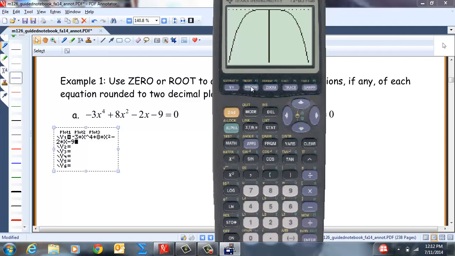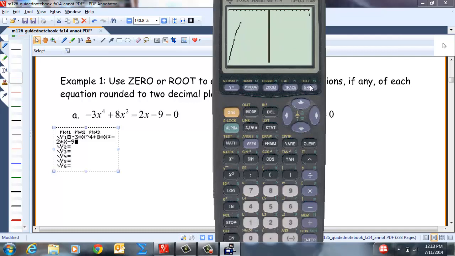Let me see what this window is. So it's still negative 10 to 10, but what it did is it decreased the y values. Do you see that? So let's put the maximum y value to 1.